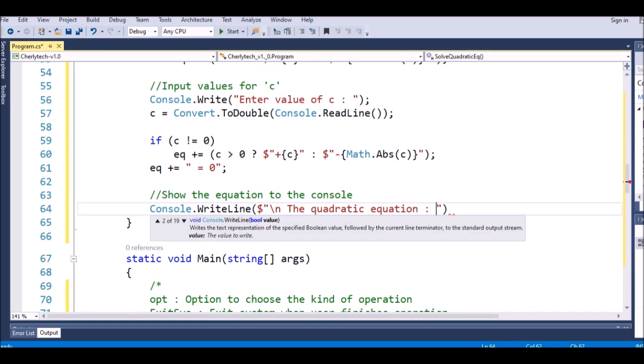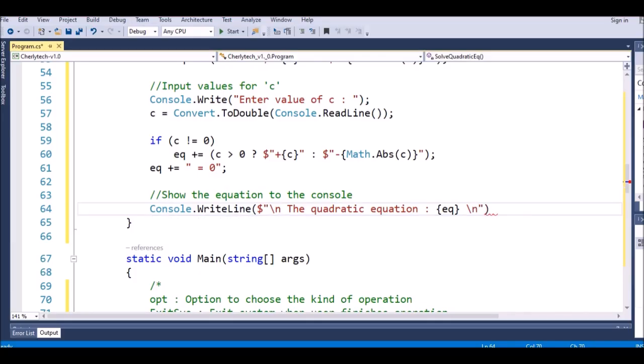Just say this one equal like this, and then we want to enter a new line, so just select N. So now it's about to show the equation. So the next video is to calculate.